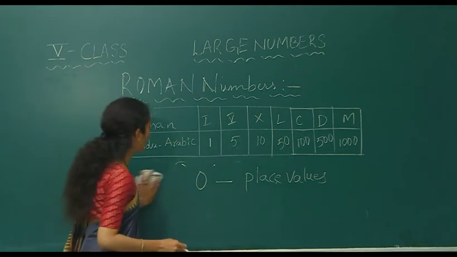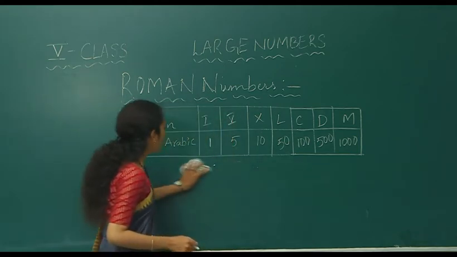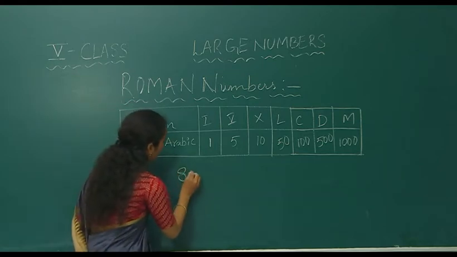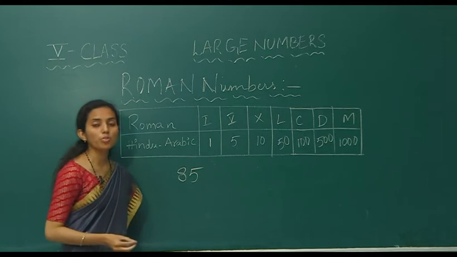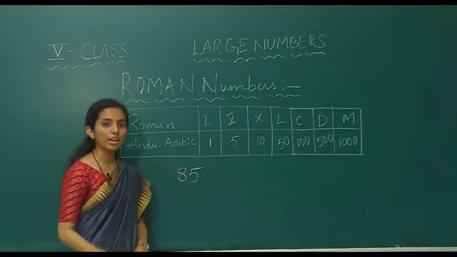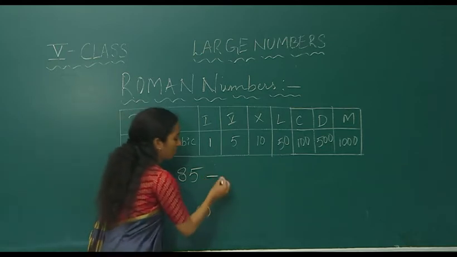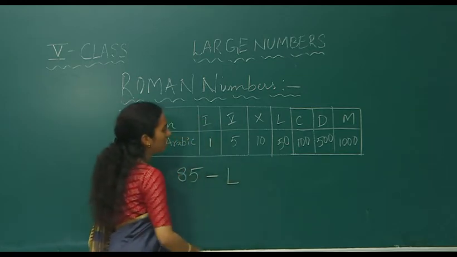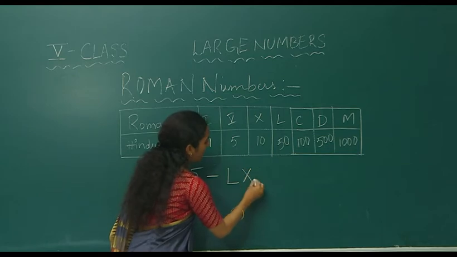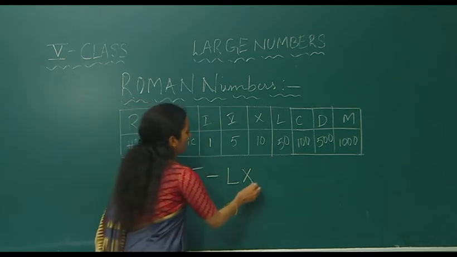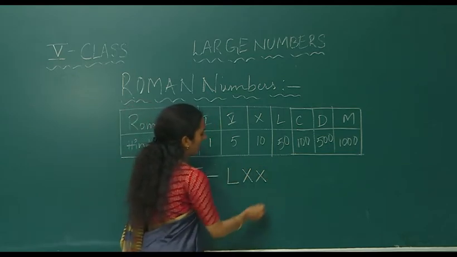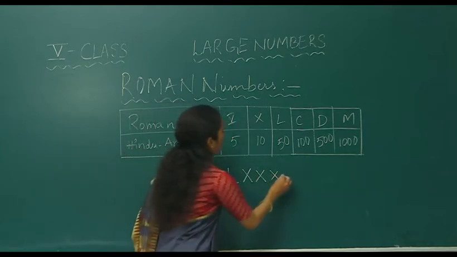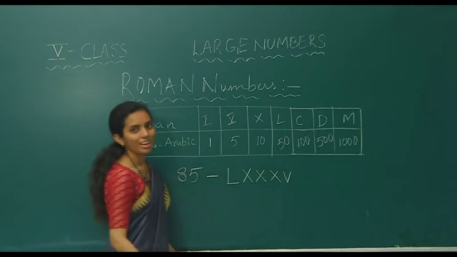What is the first example given? The first example given here is 85. How do we denote the number 85 in the Roman number system? He gave L, that means 50, X, that means 10, one more X, that means 10, one more X, that means 10, and V, that means 5.